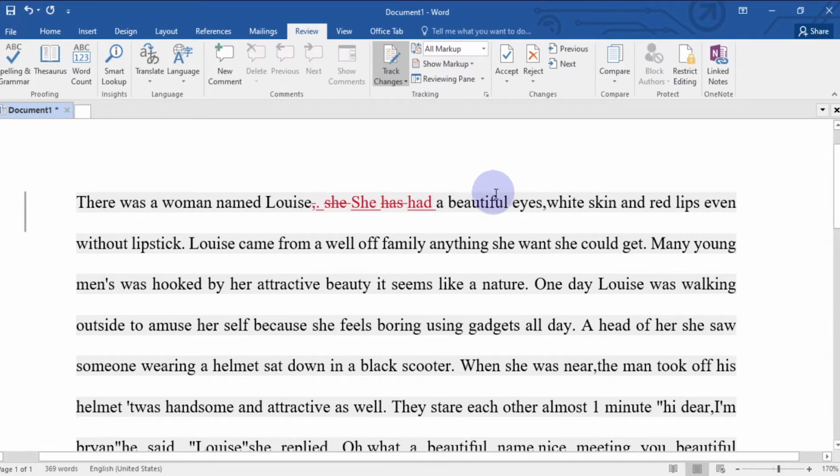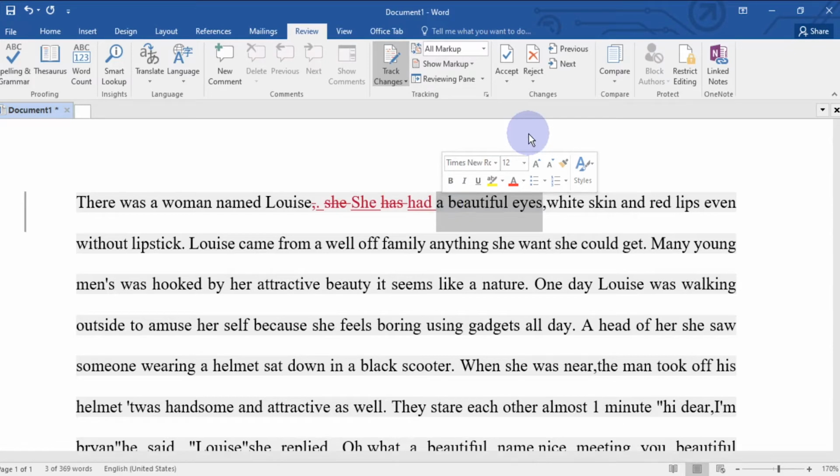Okay, we have to go back because there are still more issues to consider. Look at this phrase, a beautiful eyes. What do you think is wrong with this phrase? We have an incorrect use of the article a.